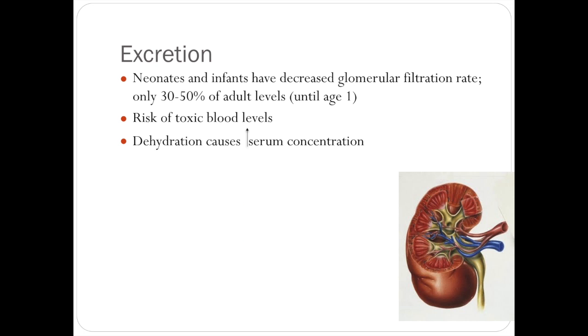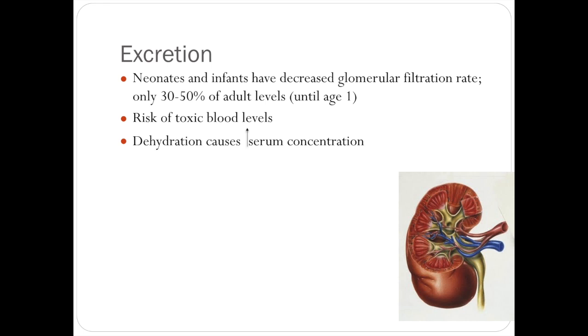And then last but not least, we have excretion. Infants and neonates, remember, the first 28 days of life, have a decrease in the GFR. It's only 30 to 50% of adult level. And then they reach the standard GFR after age 1 year.